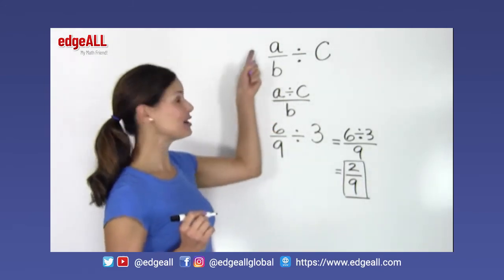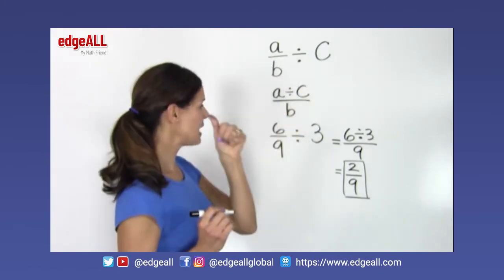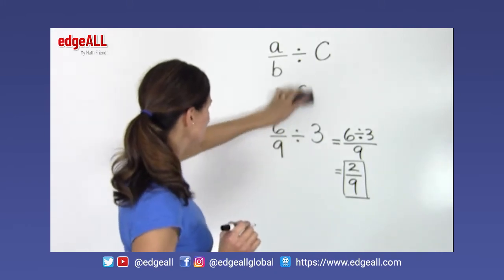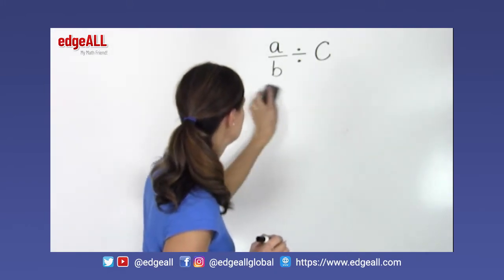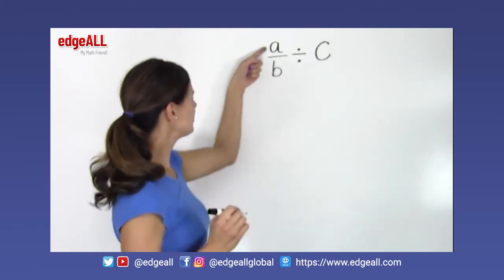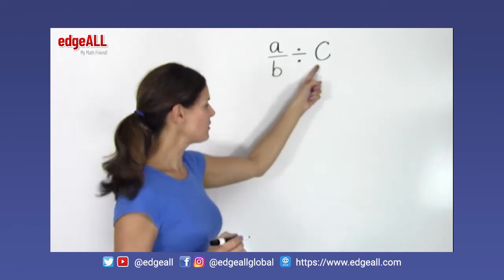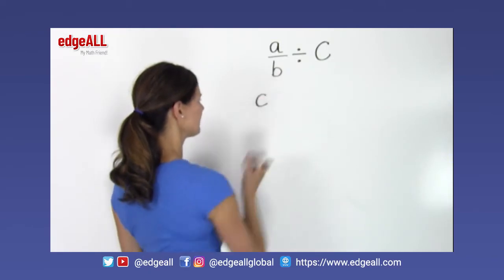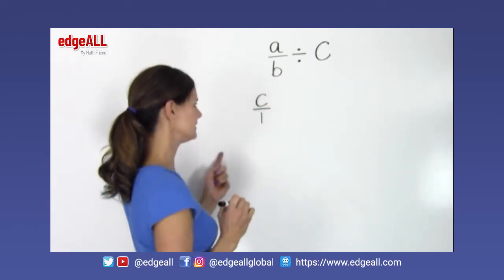If the numerator is not divisible by the whole number c, then we have to do a little different method. So if we have an example of a problem where our numerator is not evenly divisible by the whole number c, then what we need to do is take our whole number c and think of it as c over 1.